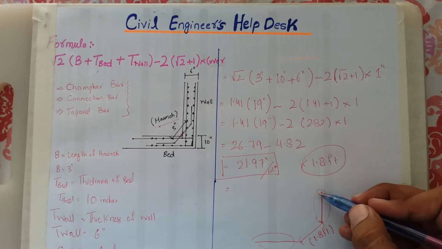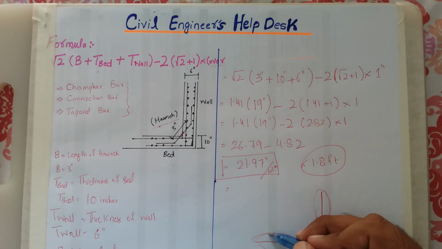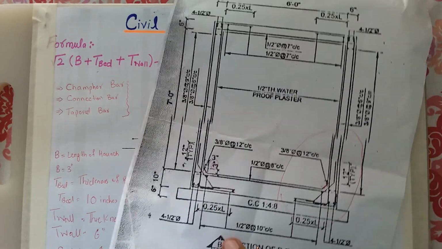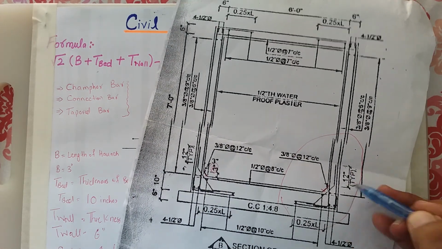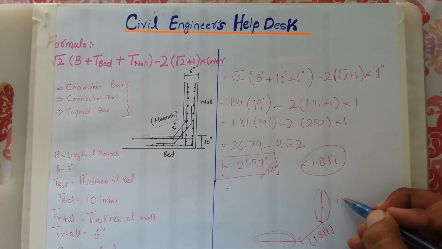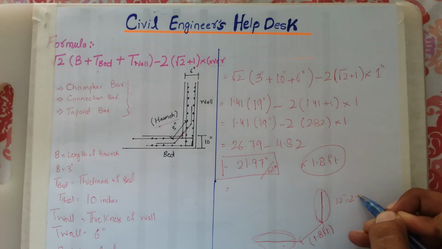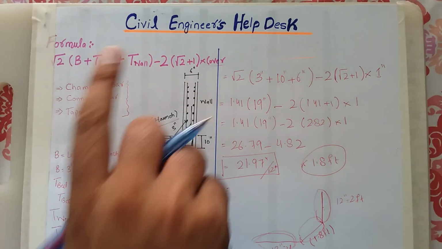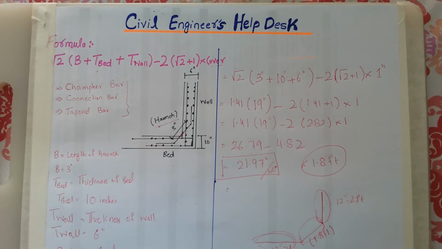Normally in drawings this length is given, and the other length is also given; these two lengths remain the same. If this length is given in our drawing, you can see here it is 12 inches, which means 1 foot, so this will be 12 inches. But this length is not given, it is calculated by this formula. So we have used this formula and calculated this length, and it is 1.8 feet.